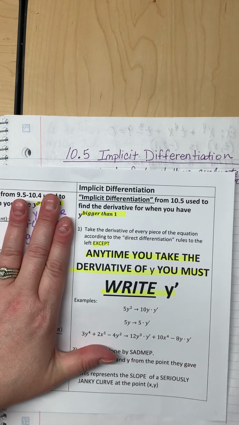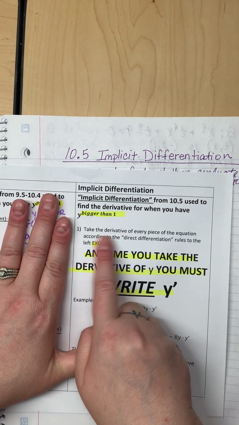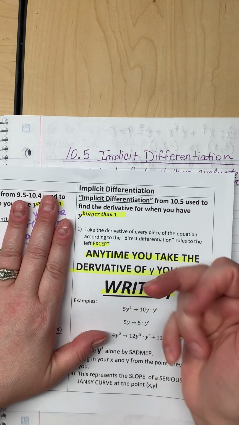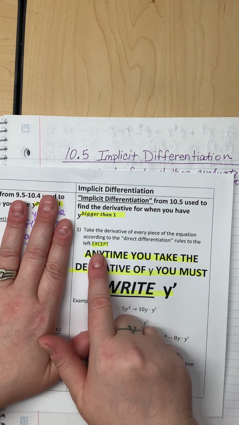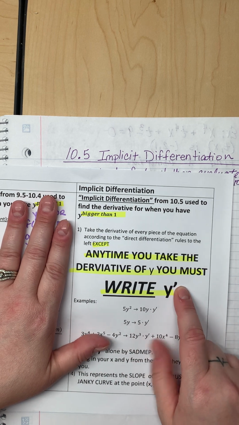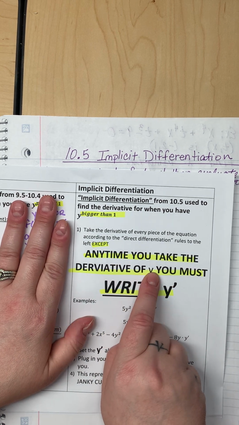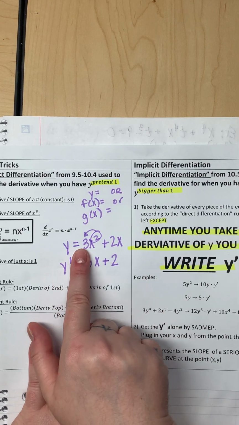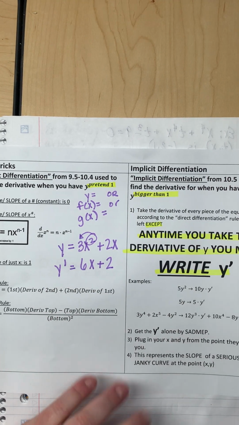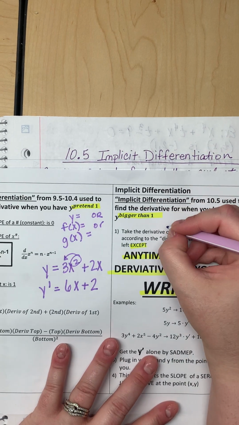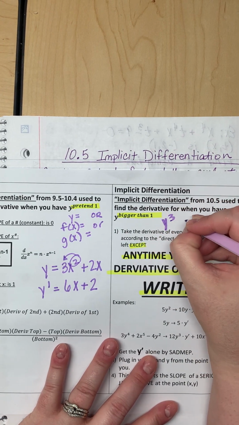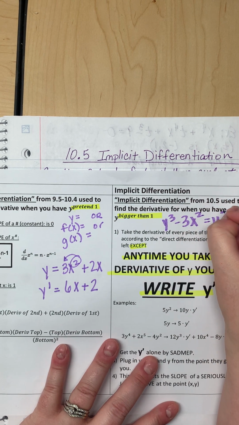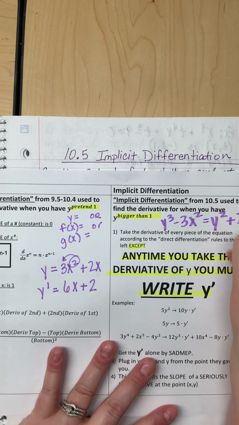Same thing here. We're going to use our regular direct differentiation rules, and we're going to write y prime every time we take the derivative of y. The only difference is we're not just going to have y equals 3x squared plus 2x. We're going to have maybe y cubed minus 3x squared equals y squared plus 2x, or something like that.